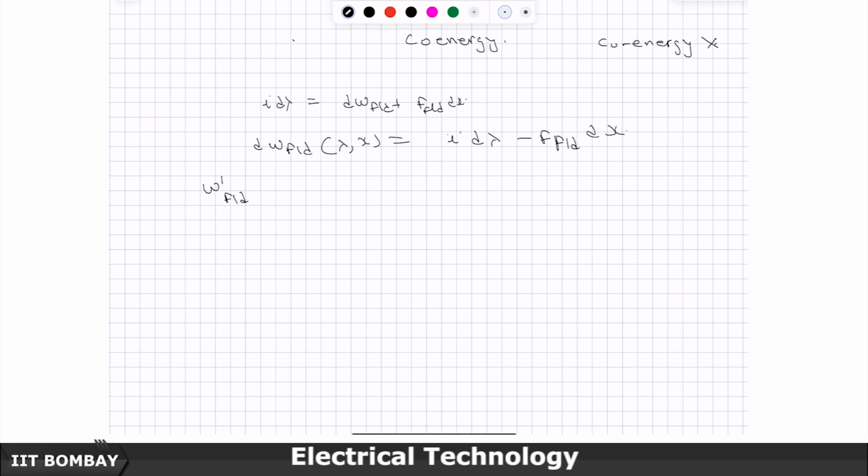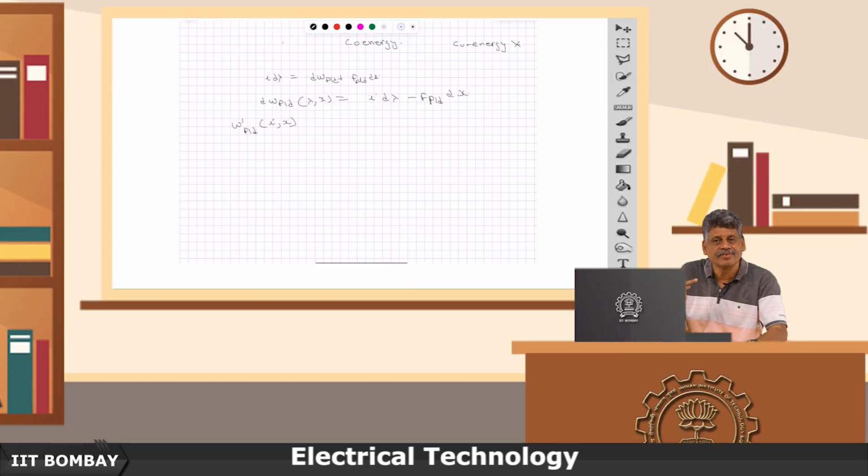Dash is to say it is co-energy, something very similar, but it is going to be in terms of a different state variable. Instead of lambda, change of state variable is being done. Because the change of state variable is being done, another state function, magnetic energy in terms of lambda and x, was one state function.